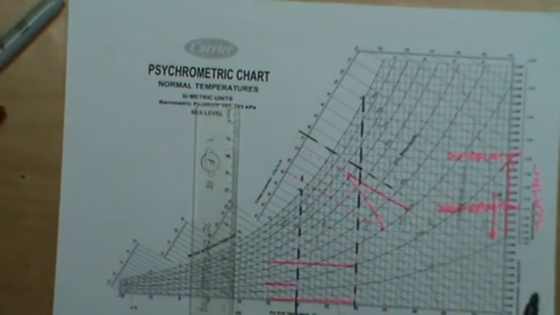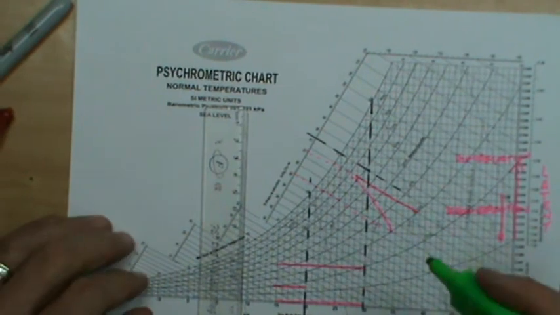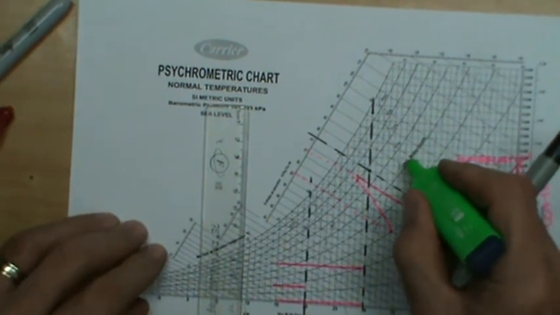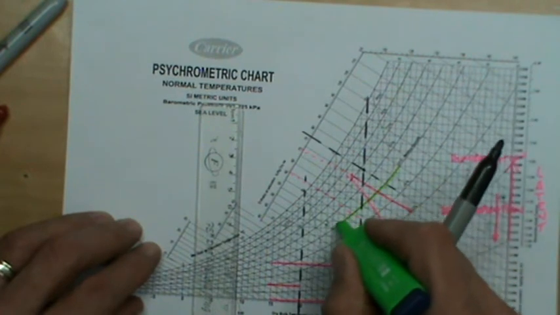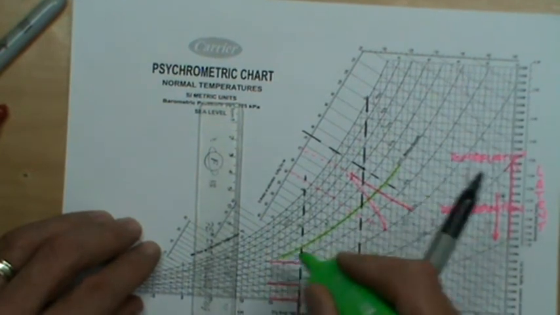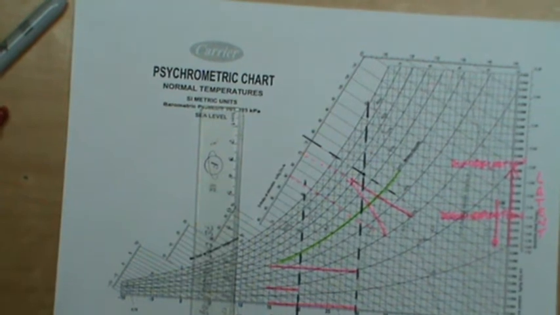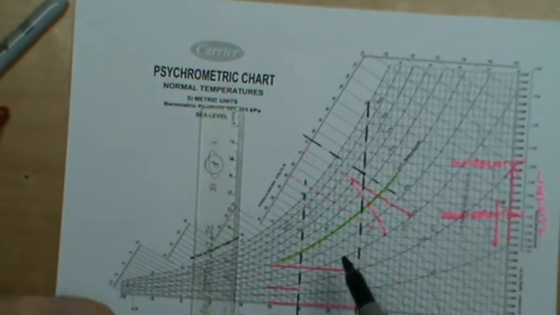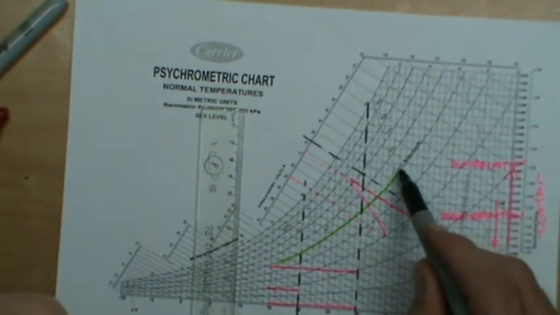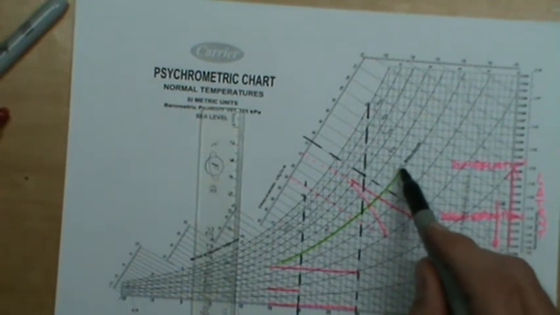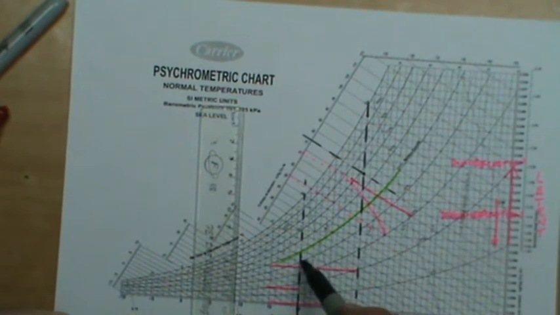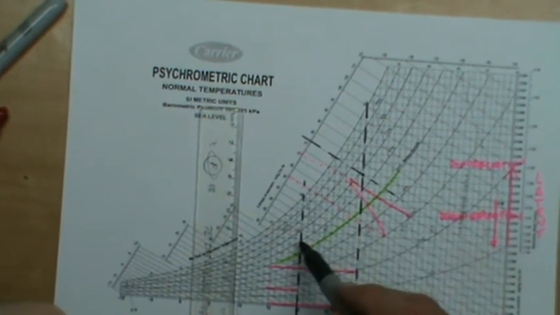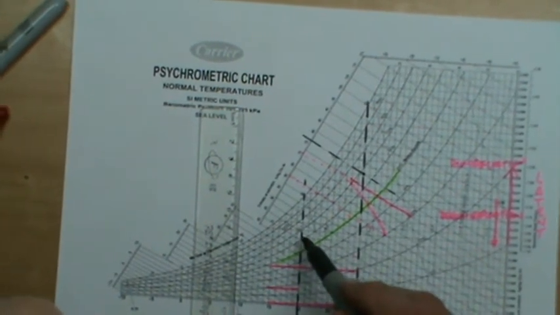Now, perhaps I'm an old fool, but anyway, I always color in this line, and I can tell you why. The number of times that I've worked out a whole thing, and I've assumed that I'm on the 50% relative humidity, whereas I find that no, I was on 40% relative humidity, or no, I was on 60% relative humidity, and everything is wrong thereafter.